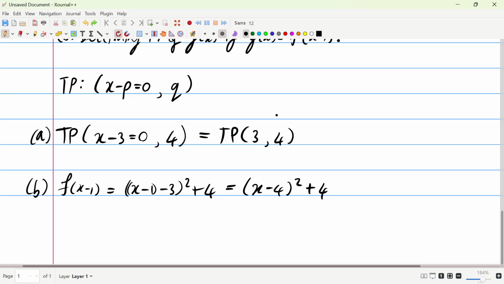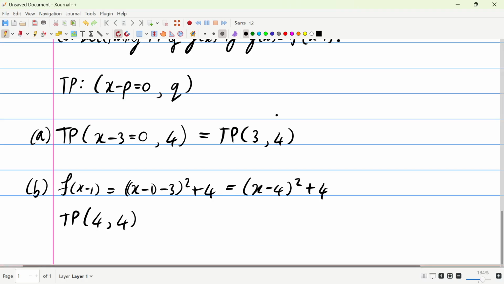Because it's a minus 1, we flip the sign and say that we shift 1 unit to the right from the original. So the turning point now will be this value, but the sign is going to flip. If it's minus 4, it's going to be positive 4 over here, and the q value still stays the same.